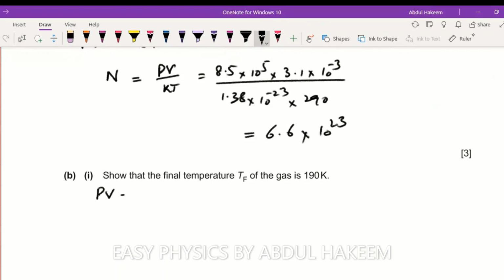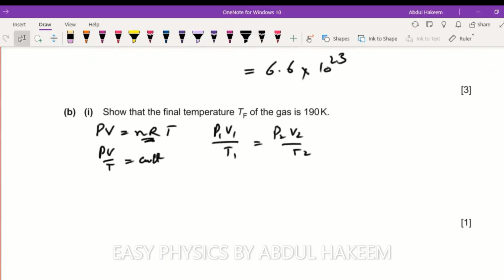Show that the final temperature of the gas is 190. Look, PV is equal to nRT. This is constant. So PV over T is constant. So we can write P1 V1 over T1 is equal to P2 V2 over T2.